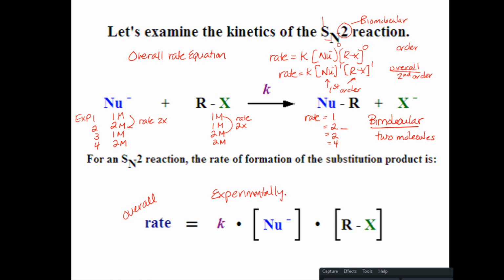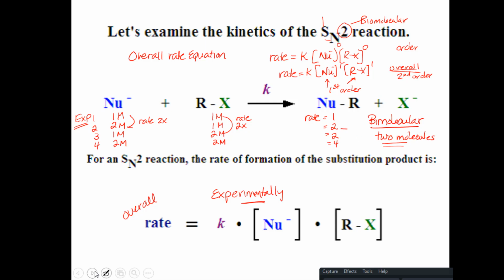It does not come from the stoichiometric coefficients. It is done experimentally. So we do an experiment like what I did up here, a series of 4 experiments. And so that tells me what the overall rate equation is. So that means whatever my mechanism is, there must be 2 molecules involved in the slowest step of that mechanism.